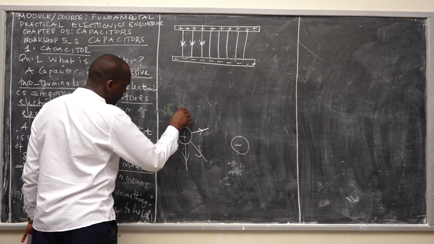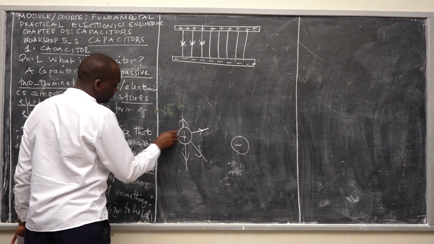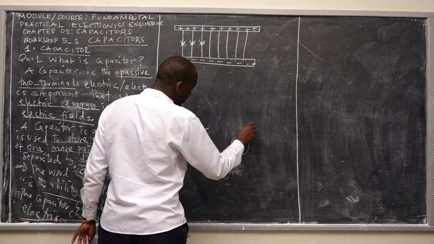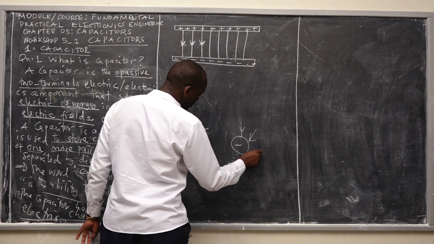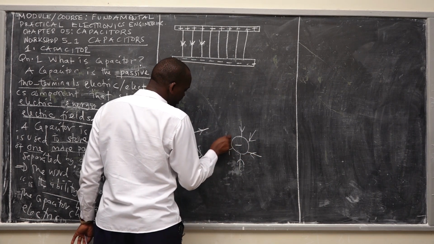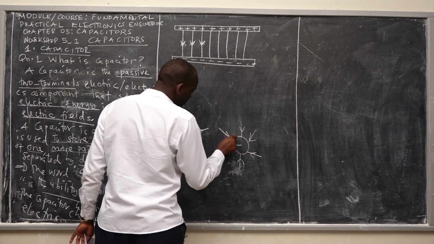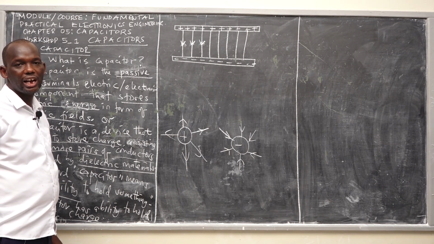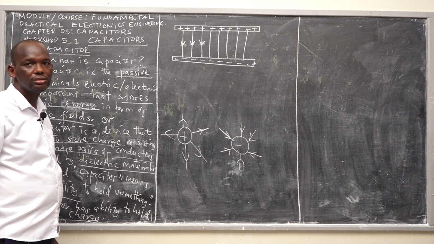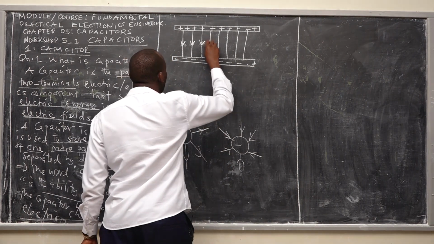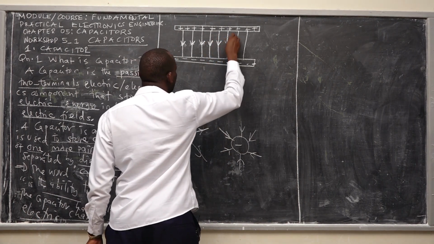If you forgot, the negative charge receives the electric field. That's why unlike charges attract and like charges repel. Are we together? So these are electric field lines.